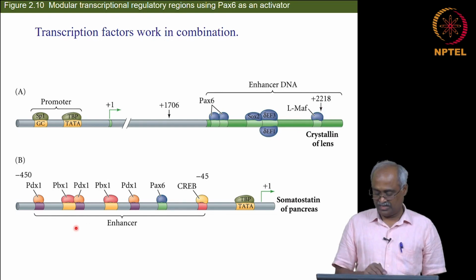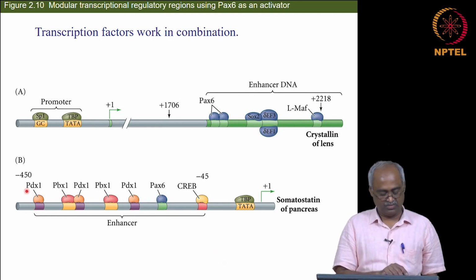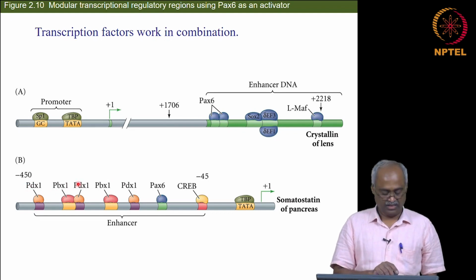An additional example is here, somatostatin, the growth hormone. It is produced in pancreas, where PAC6 binds to its own binding sequence, but then that promoter should have other transcription factors, for example PDX and PBX, binding to their own respective enhancer regions.